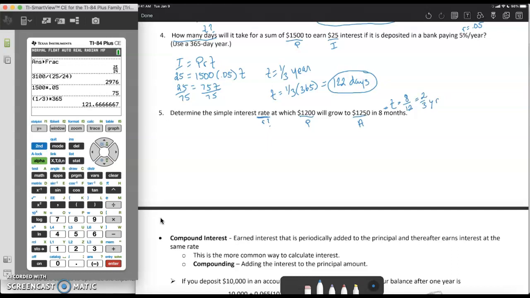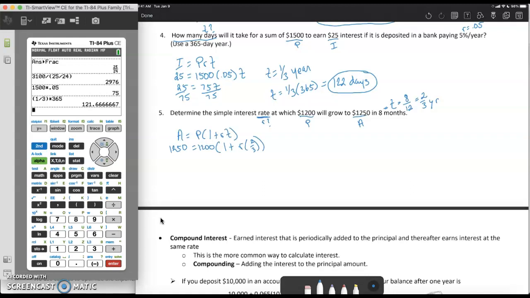Okay, so I'm going to use the A equals P(1 plus RT) formula. The accumulated amount is 1,250. Principal is 1,200. 1 plus, I don't know the rate, but the time is 2/3.